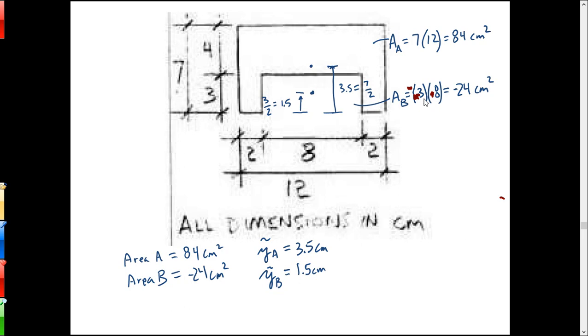So I got the areas, and then I want to find the distance up from the base to the centroids. The centroid of the cutout is half of 3, it's 1.5. The centroid of the entire rectangle, which is 7 high, is 3.5.